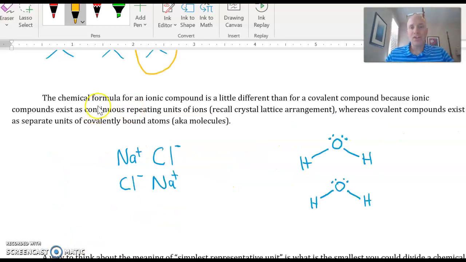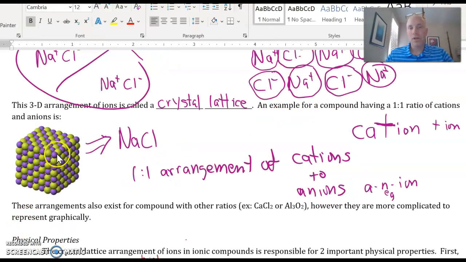So the definition of a chemical formula is a little bit different between ionic compounds and covalent compounds. That's because, if you remember, ionic compounds exist as continuous repeating units of ions, and recall that is called the crystal lattice arrangement. So remember, if you have an ionic compound like sodium chloride, what you actually have is an alternating pattern.